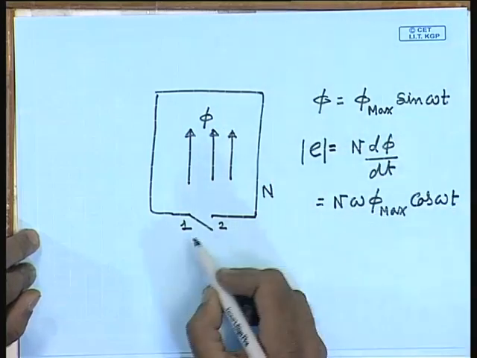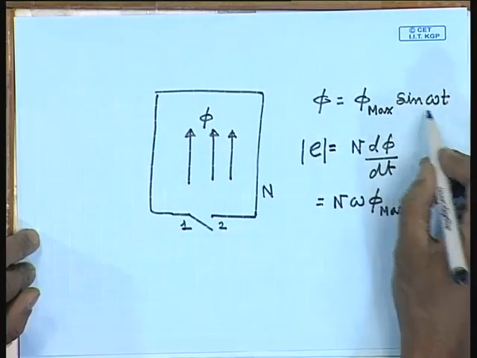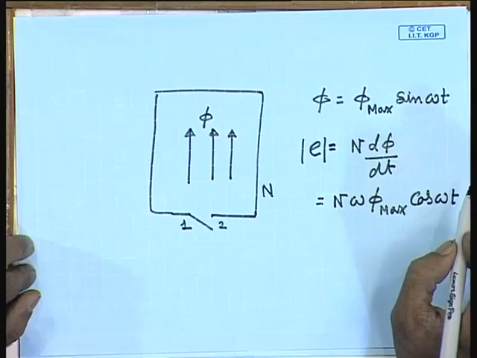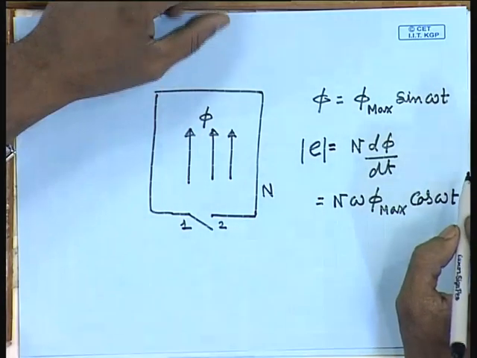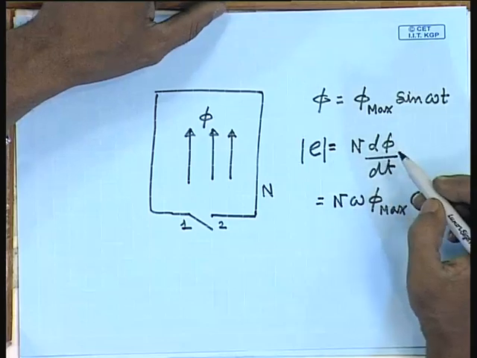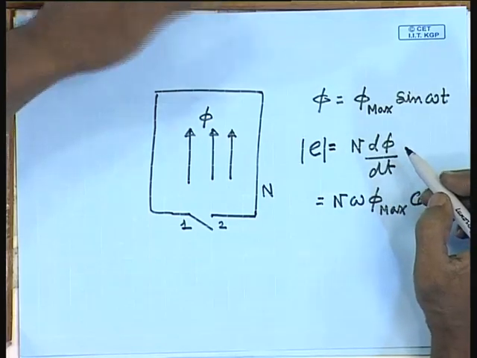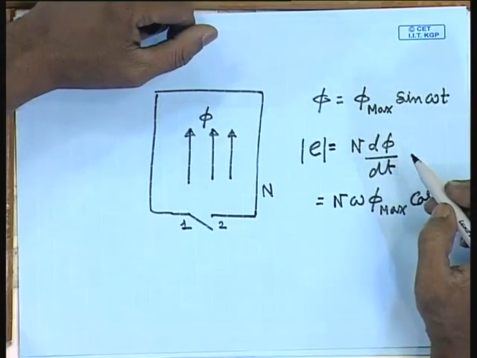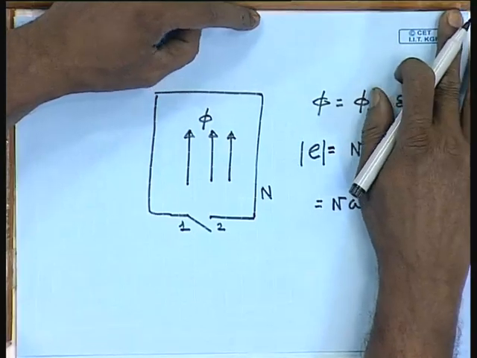Now, let us see, at t equal to 0, the flux was 0, and as time progresses, t becomes positive, this flux tries to increase. So, in order to oppose that cause, what will the induced voltage try to do?